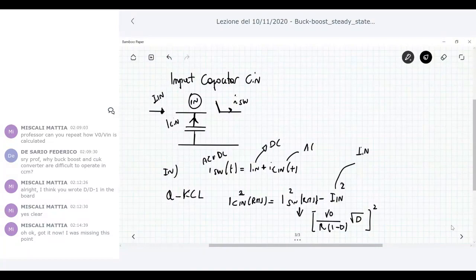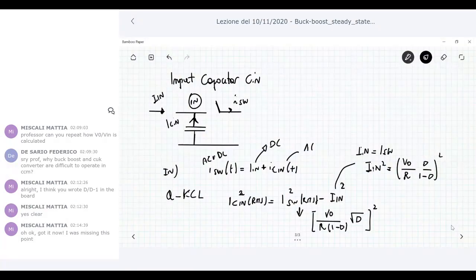And then we also know that I in is the switch current average value, and so we can say that I in square value is V naught over R, D over 1 minus D, squared.